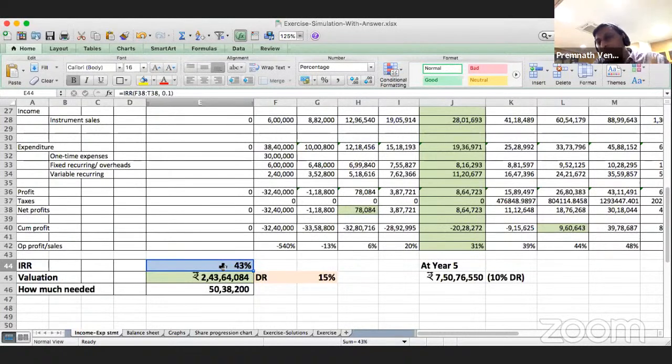But if all pans out, if this really works out, it's 43%. That's what you're saying. And the net present value of this stream of money here is coming out to about 2.43 crores.